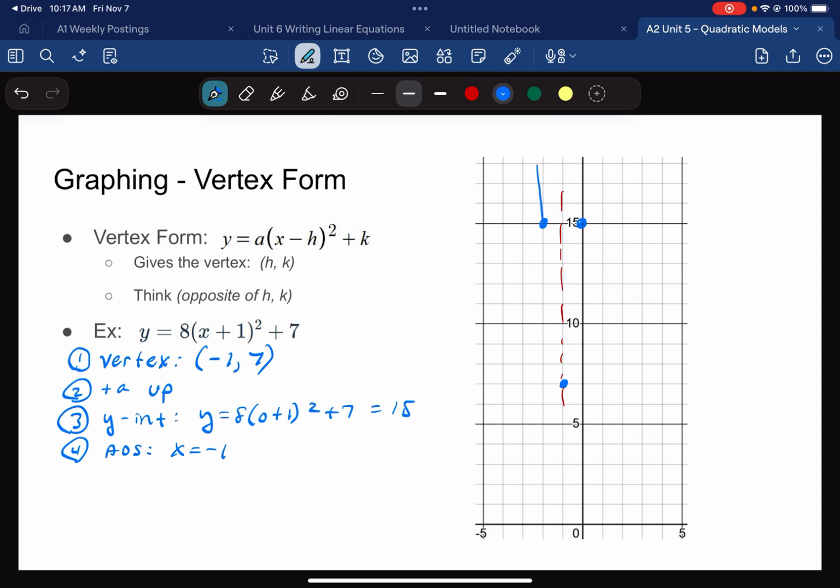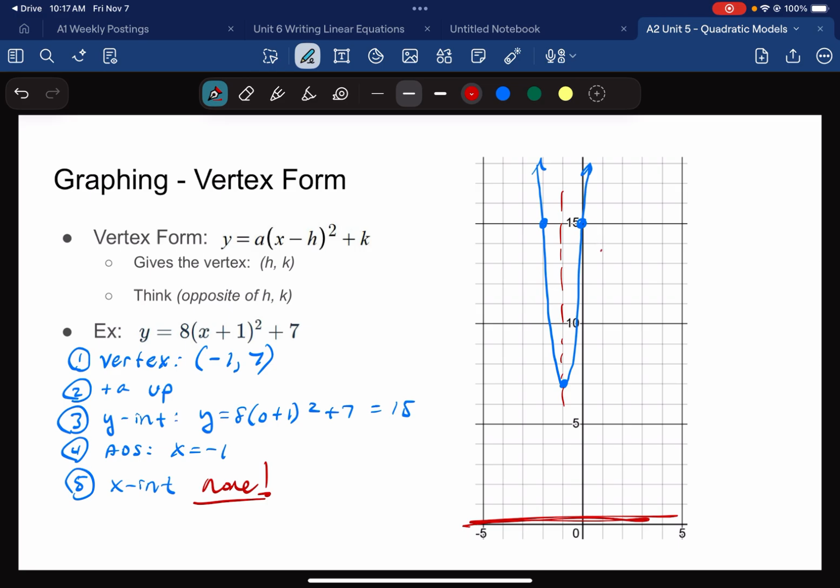Hopefully you're like, well, this parabola opens up and it's totally above the x-axis. There are going to be no x-intercepts. None. Because it's floating above the x-axis. The x-axis is down here.